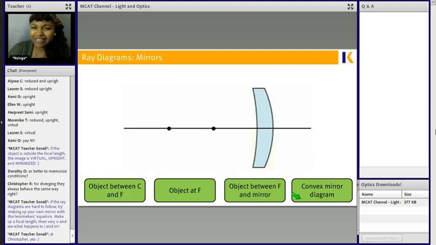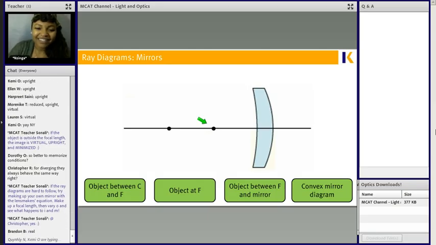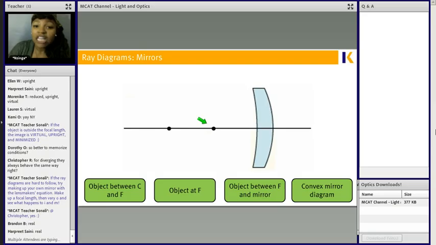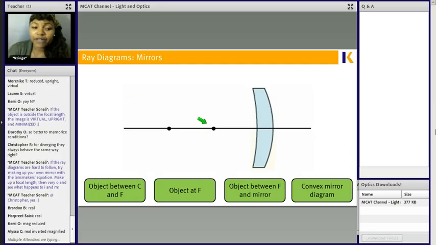Okay. So since we said memorizing the conditions, Dorothy, you kind of anticipated us. I like that. If you have an object between your C and your F, what type of image are we always going to end up with? Give them all three to me at the exact same time, whether it's real or virtual, upright or inverted, magnified or reduced.